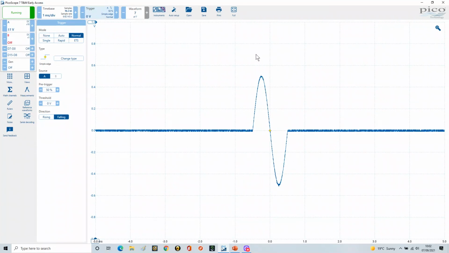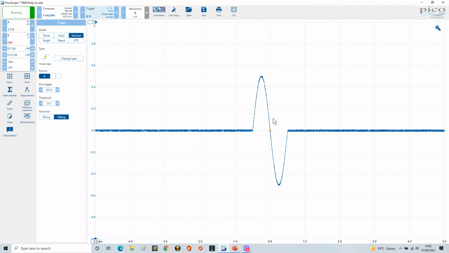So if I've got some random signal event, then rather than losing my screen altogether, as in the auto mode where it just went to a straight line, this only captures the event and only displays that, and it won't do anything else until it sees the same event again. Okay, and this is the difference between auto and normal. That's really useful.